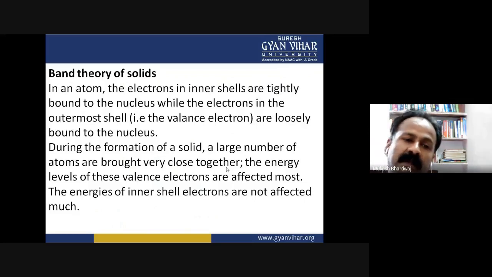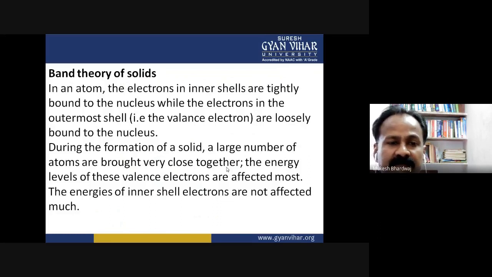The orbits very close to the nucleus hold electrons that are very tightly bound because they are attracted toward the nucleus with a stronger force, while in the orbits far away, the force of attraction is a little less, so those valence electrons are loosely bound to the nucleus.